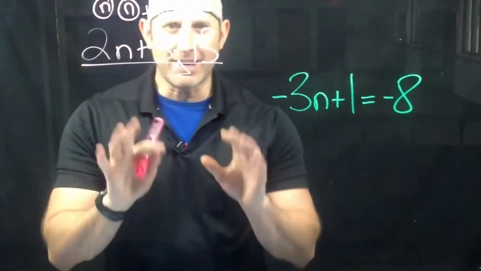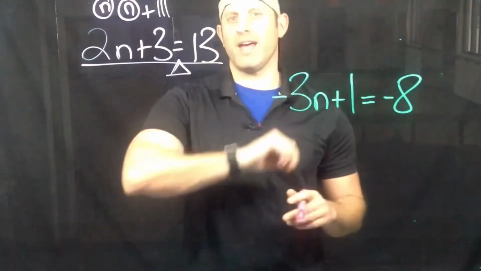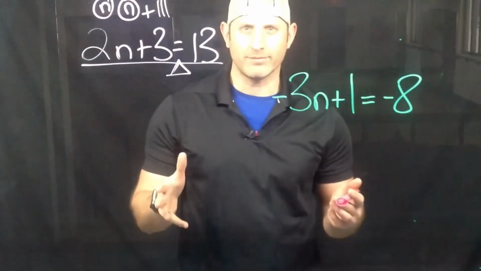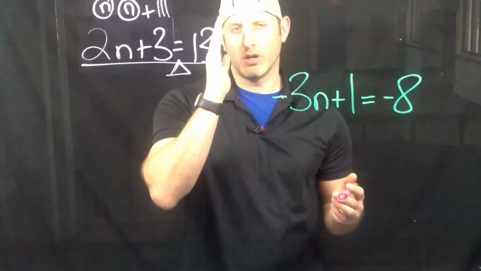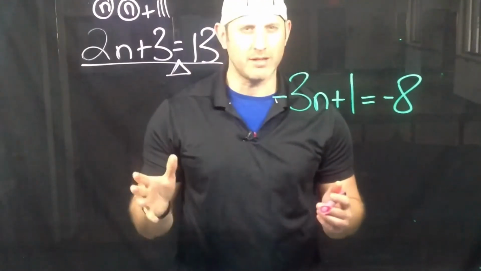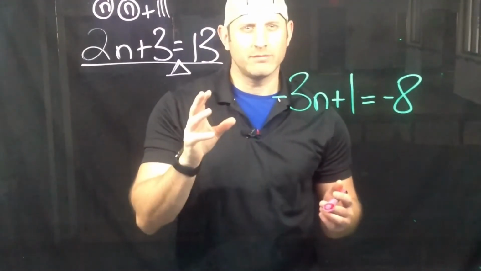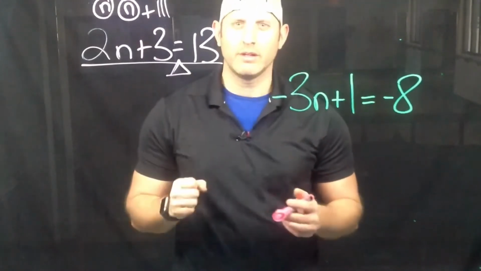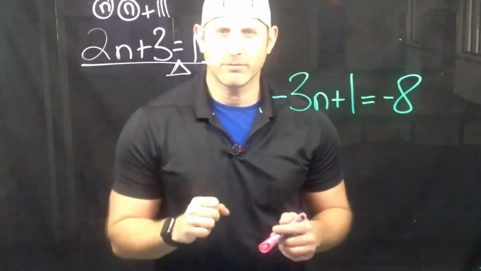Well, I want to throw a little bit of an analogy at you. Let's pretend that you're at a dance and you look across the gymnasium and you lock eyes with someone and you're like, wow, I really want to dance with that person, but you can't.